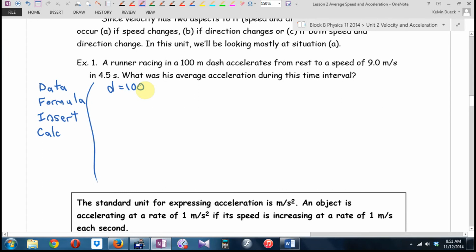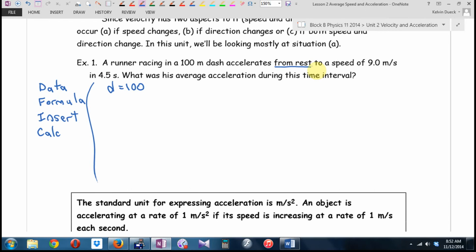Then there's a physics word that you're going to get in the habit of underlining physically or mentally all the time, and it's this one here, from rest. Can you underline the phrase from rest? We'll come back to that in a second. I see a 9. See it? What's that?